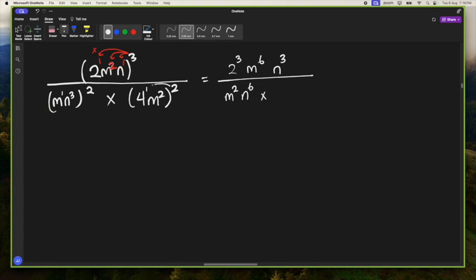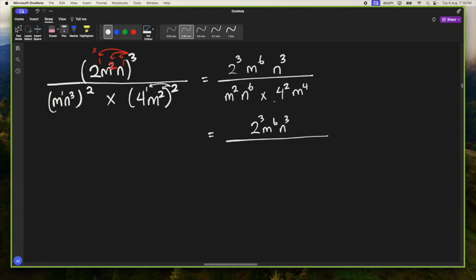So this 2 multiplied by that 1 will give me 4 squared, and this 2 multiplied by this 2 will give me m to the power of 4. Right? 2 2s are 4. So the numerator is 2 cubed m to the 6, n to the 3, all over.